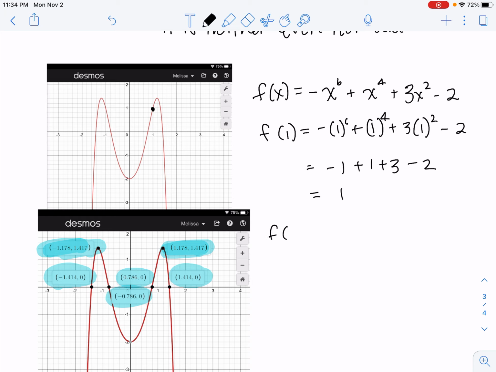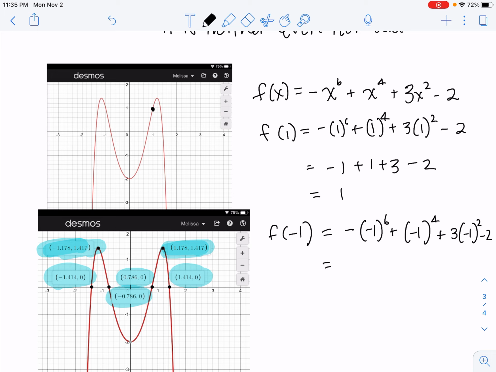And if I were to plug in negative 1, what would I get? I'd get the opposite of negative 1 to the 6th power plus negative 1 to the 4th power plus 3 times negative 1 squared minus 2. Now look at what happens. Negative 1 to the 6th power is negative 1 times negative 1 times negative 1 times negative 1 times negative 1 times negative 1.